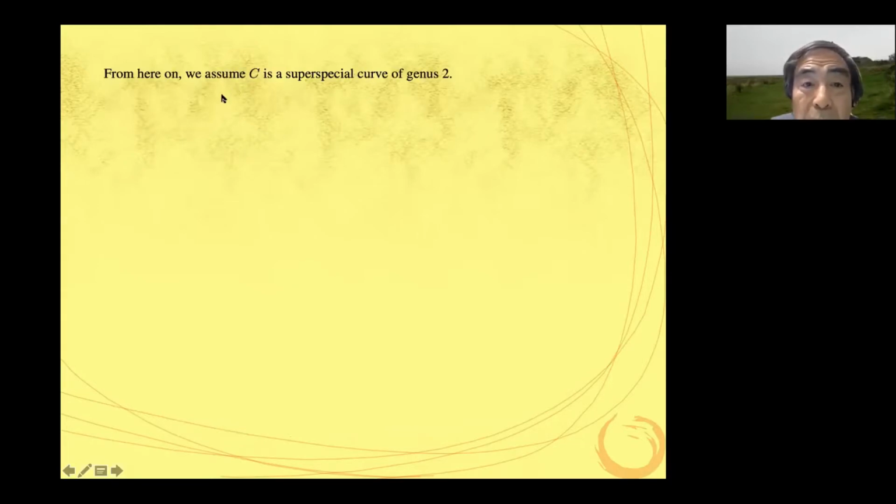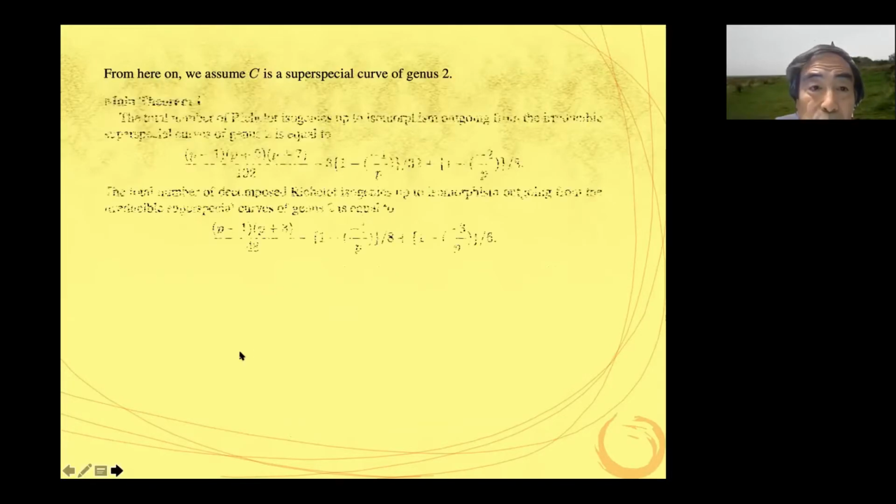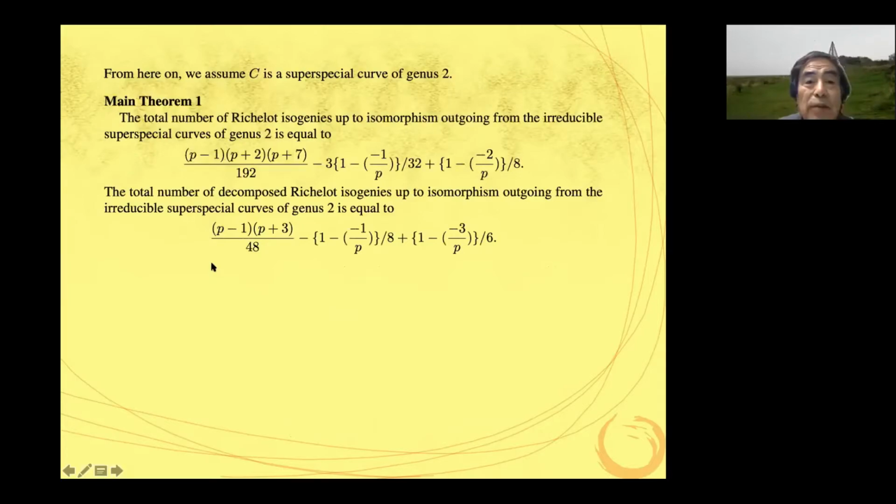And so from here on, we assume C is a supersingular curve of genus 2. Then the first main theorem, which I show, is that the total number of Richelot isogenies up to isomorphism outgoing from the irreducible superspecial curves of genus 2 is equal to this number.